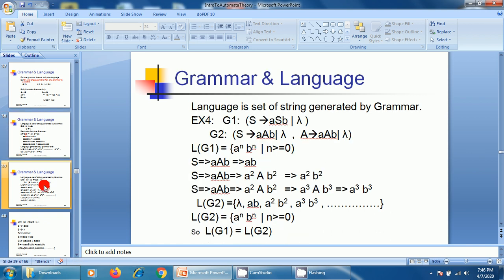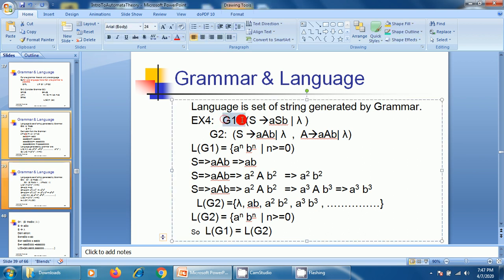See, this is the grammar G1: S tends to ASB, S tends to lambda. And G2: S tends to ASB, S tends to lambda, and A tends to AB, and A tends to lambda.